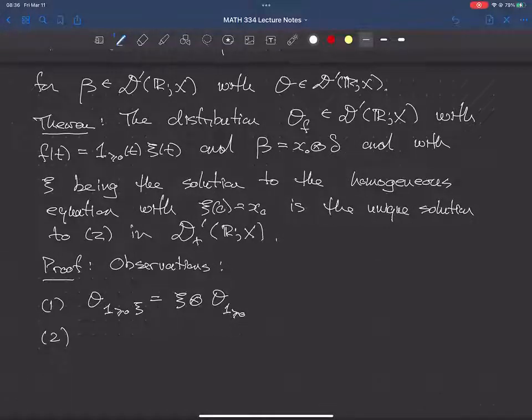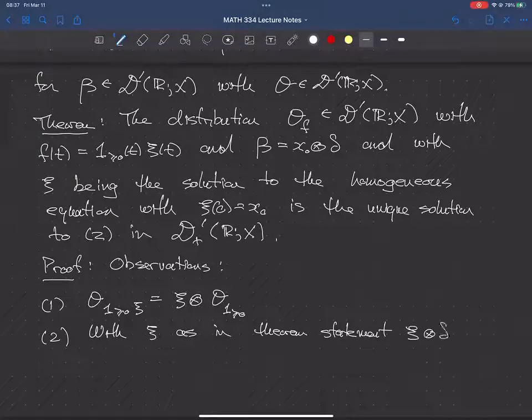Right. The next observation is that, with C as in the theorem statement, C tensor delta is equal to x naught tensor delta.